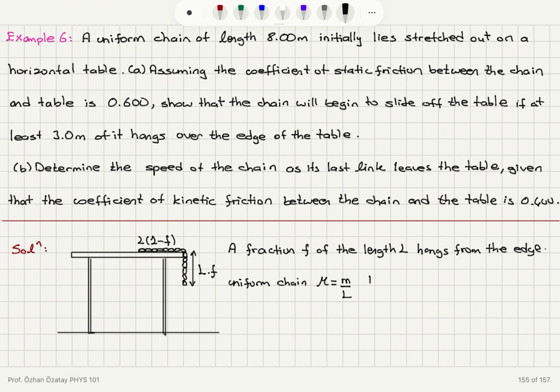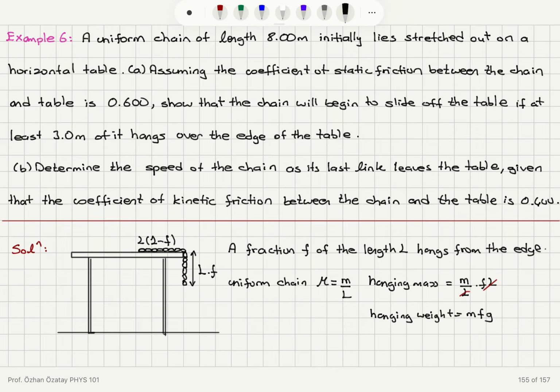So the mass that's hanging over the edge is the mass density m over L multiplied by the length F times L. The L's cancel, so it is mF. And so the hanging weight will be mFg.